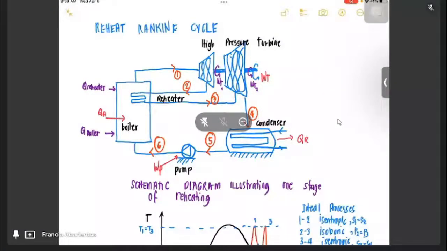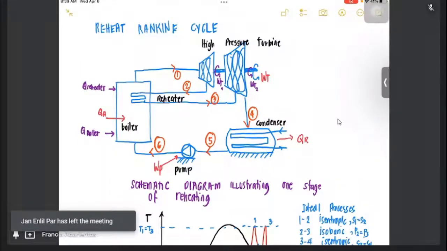We all know that the basic parts or the equipment that are used are basically the boiler, the turbine, the condenser, and the pump. While here in the reheat Rankine cycle, as you can see in the schematic diagram, it illustrates one stage of reheating.